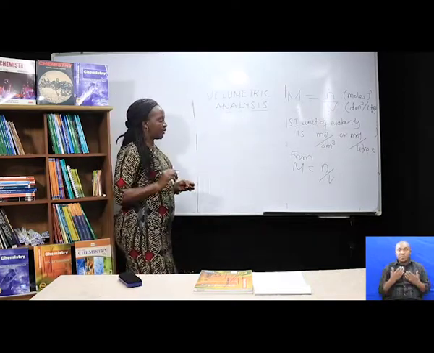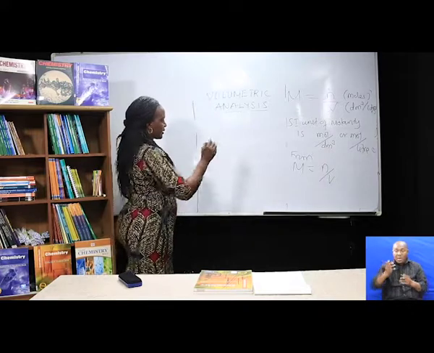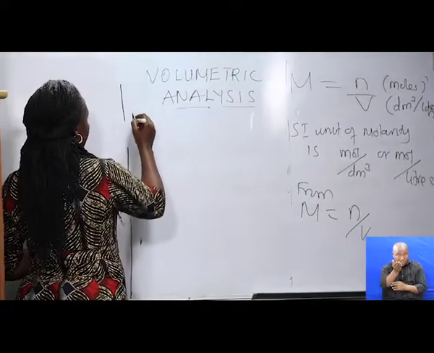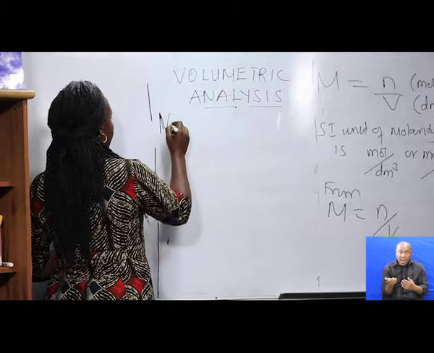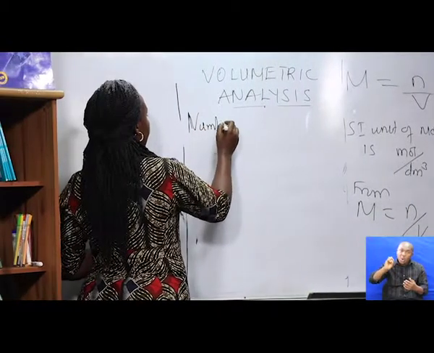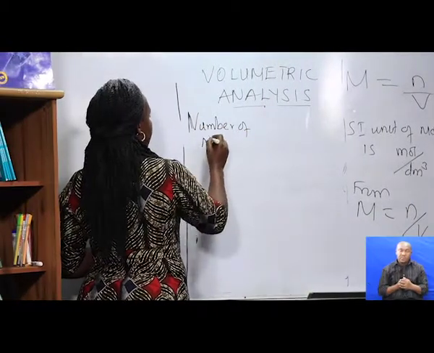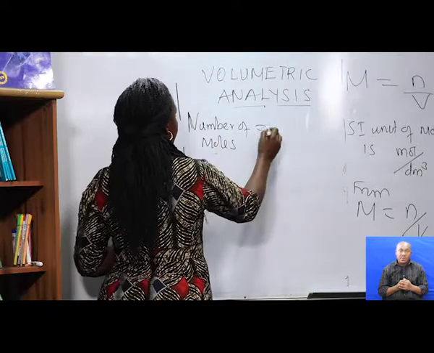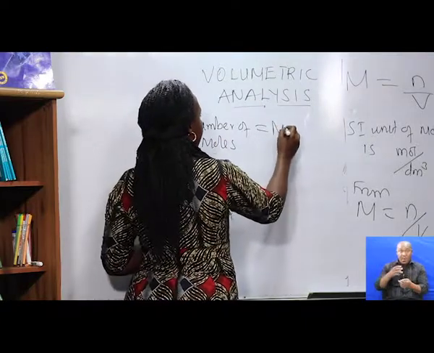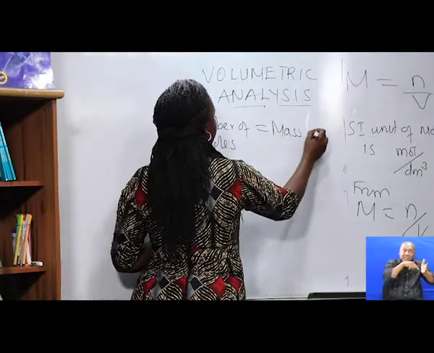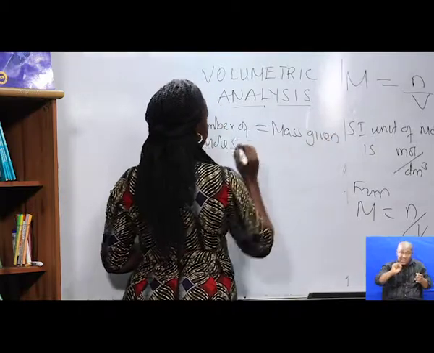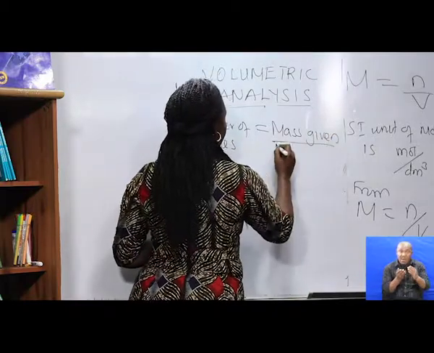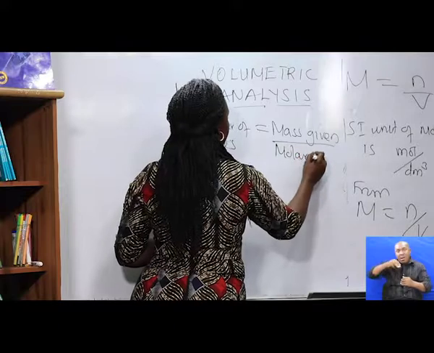I hope that your teacher taught you that number of moles is equal to mass of a substance given, that is mass of a solute, over molar mass. Molar mass.